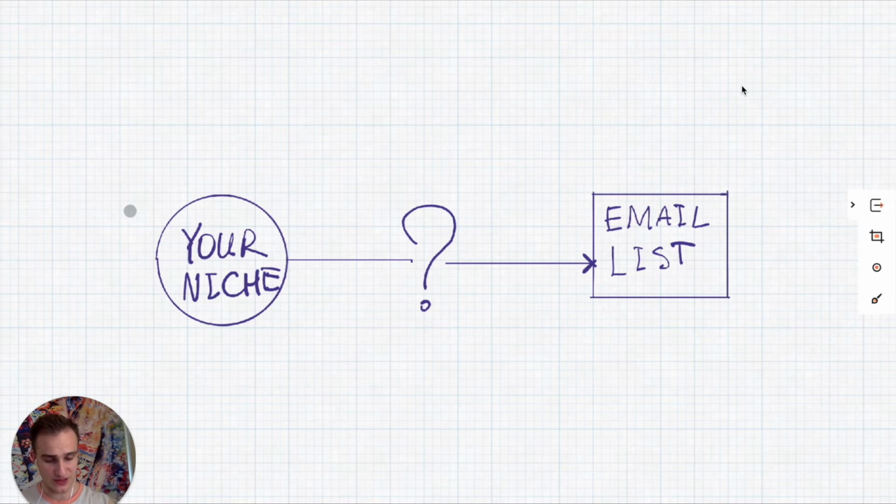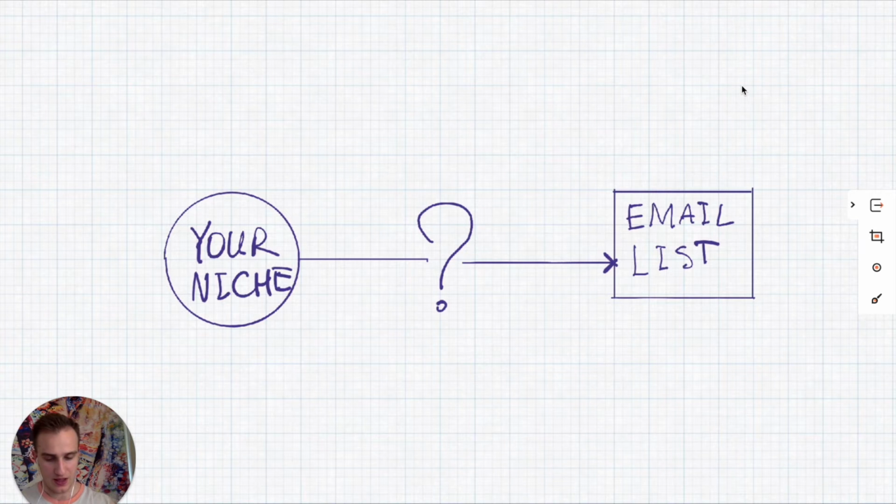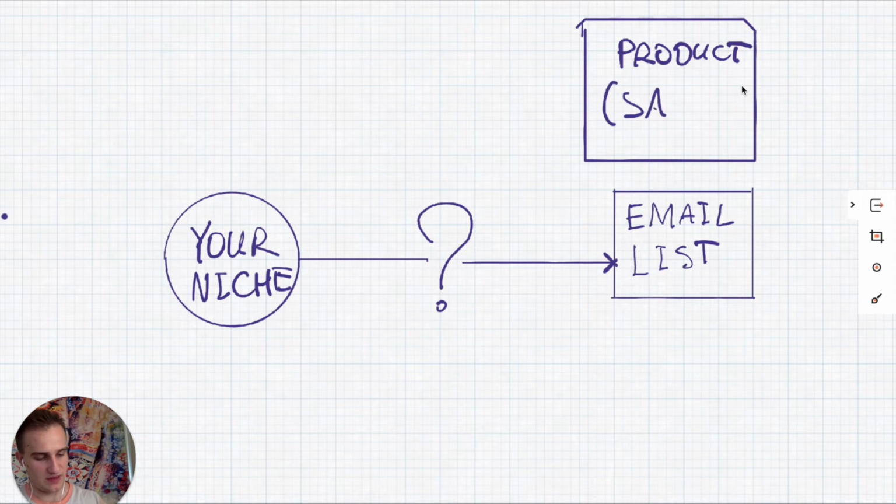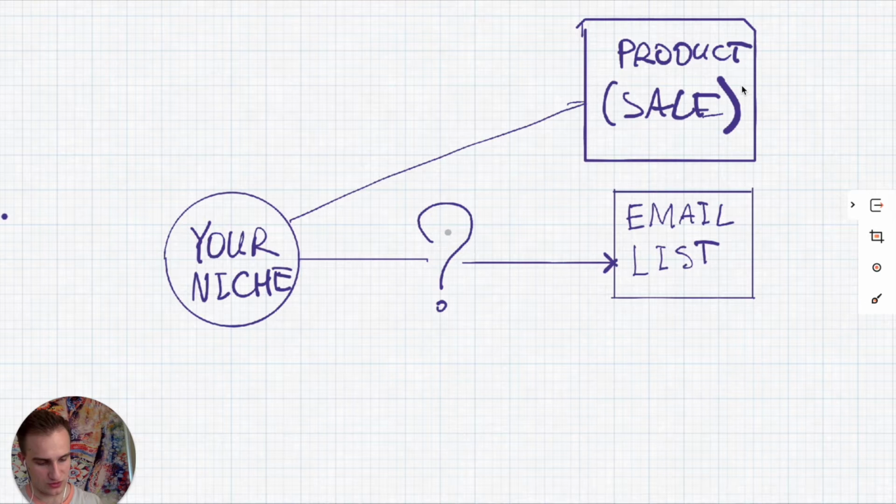So instead, let's draw another rectangle here, and this is your product or your sale, right? The sale you made. And you can ask the same question here: what actually makes people buy your product?